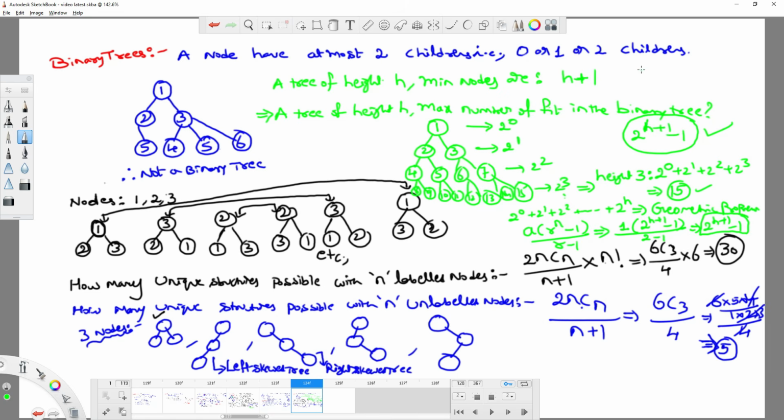If you observe, for height 3, how many nodes? 4 nodes. 1, 2, 3, 4. This is the only possible solution. Okay. So, these are the formulas very, very important for you. h plus 1, 2 power h plus 1 minus 1, and these are all the things. Is it clear for everyone?